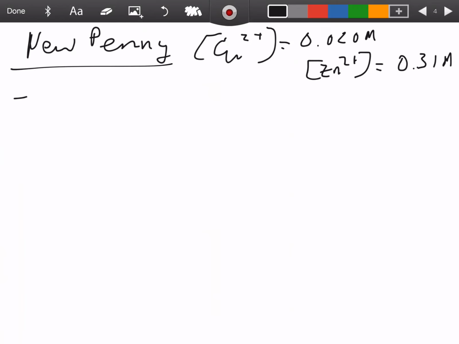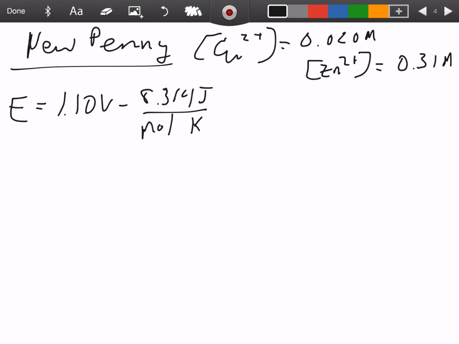The potential E is equal to the E0, which we said was 1.10 volts, and then I have to subtract from that 8.314, in units of joules per mole Kelvin. This mole is a unique mole: it's a mole of copper 2 plus, a mole of zinc 2 plus, a mole of copper, a mole of zinc.